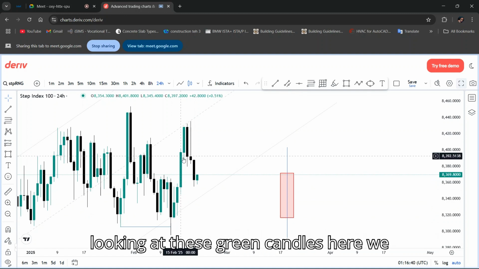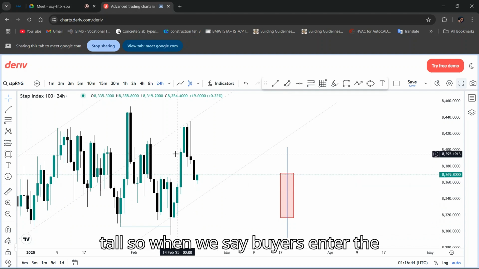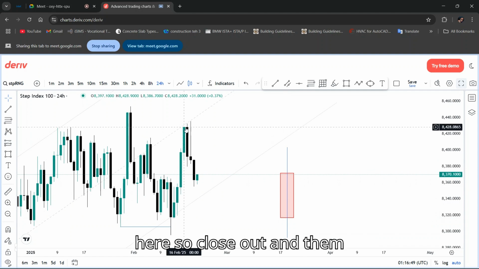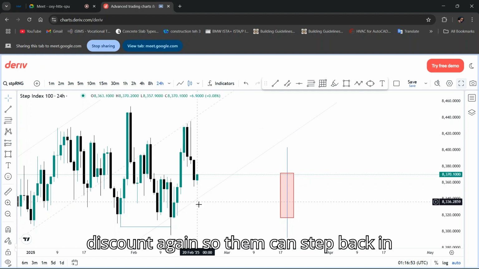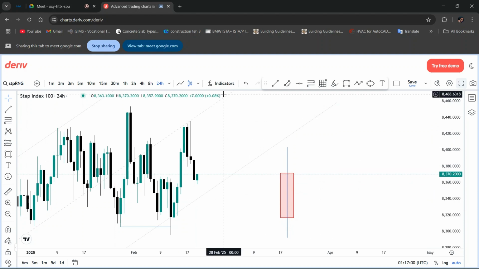Just like these green candles here, we can see that they are large and tall, so we know buyers are in the market right now. They buy up from here, close out, and wait for the market to pull back into discount again, so the buyers can step back in and start buying again to the upside.